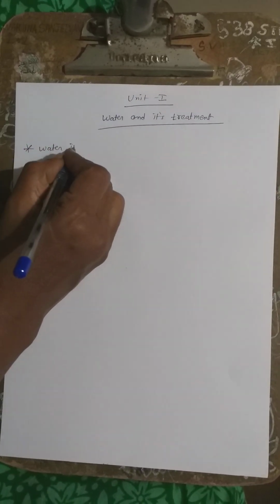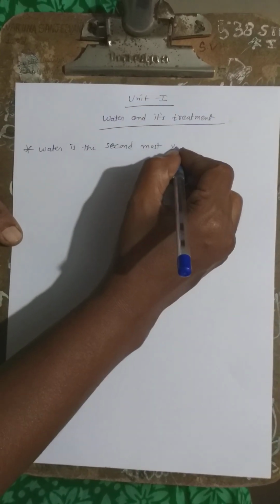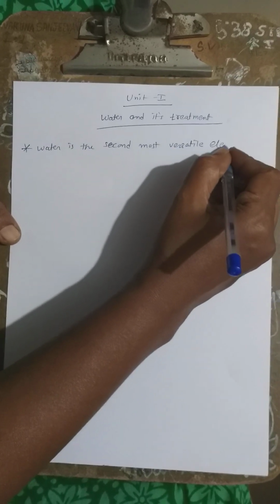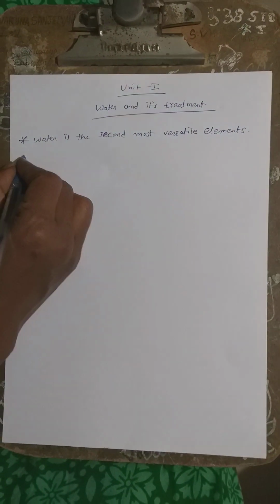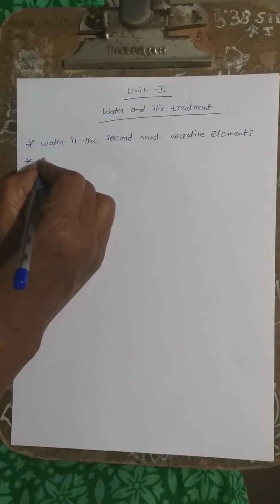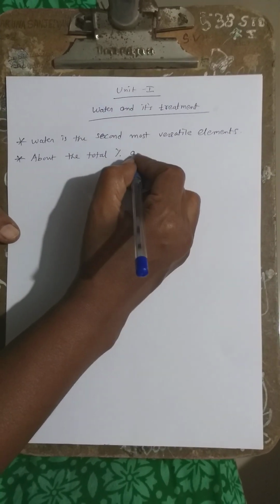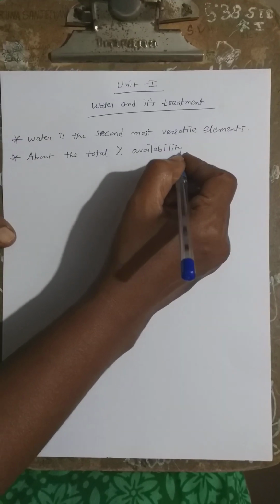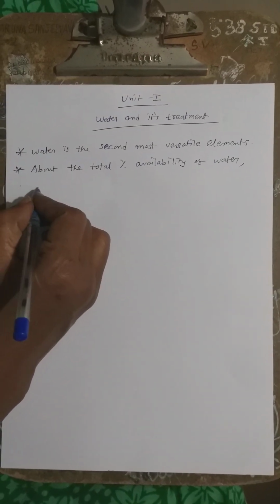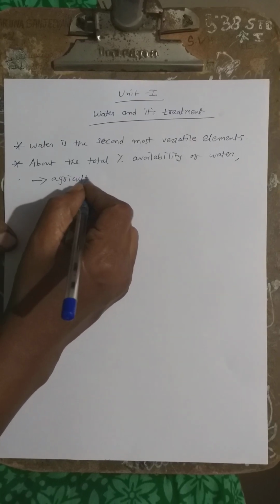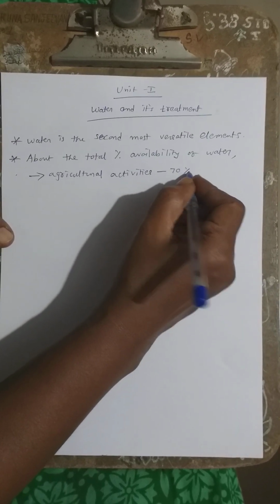Water is the second most versatile element. Among the 5 elements that are found in nature, water is considered to be the second most versatile element. About the total percentage availability of water, if we see the utilization for agricultural activities, 70% is supplied.